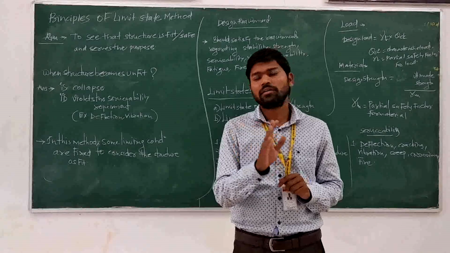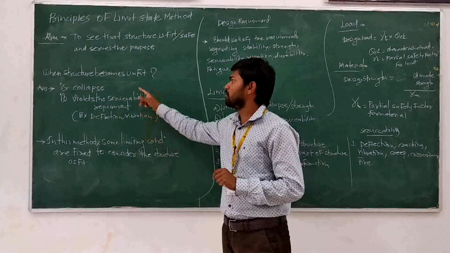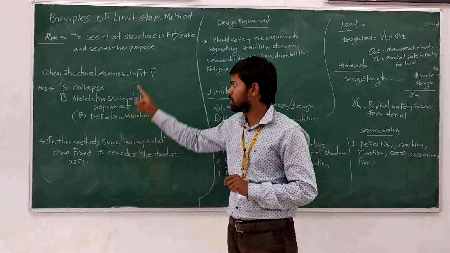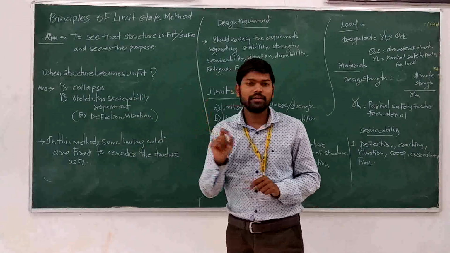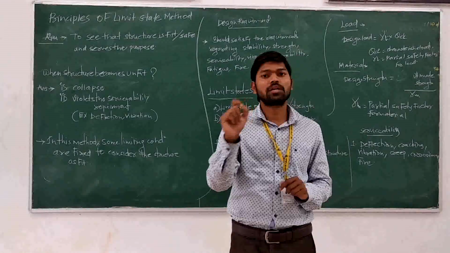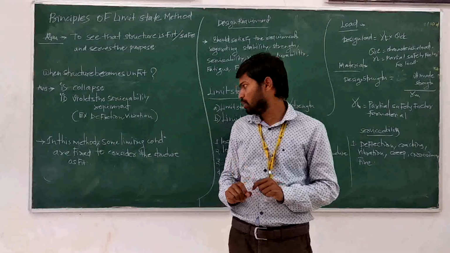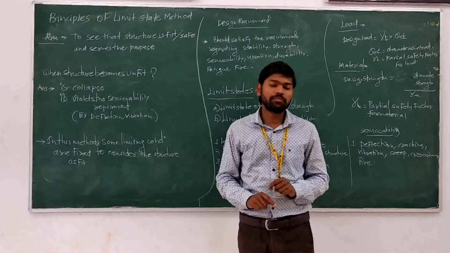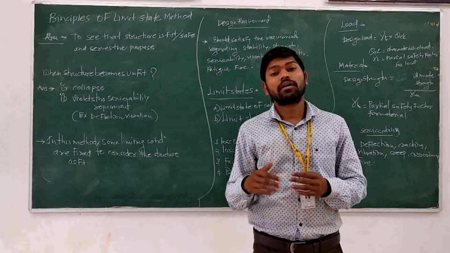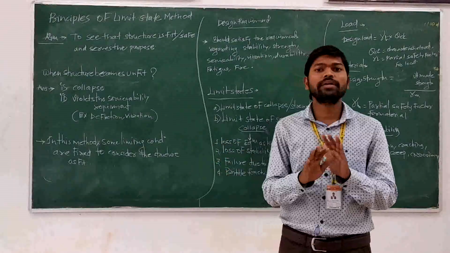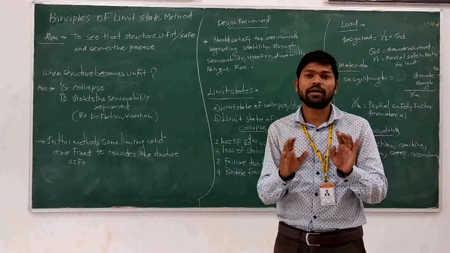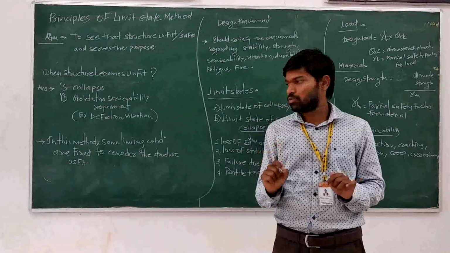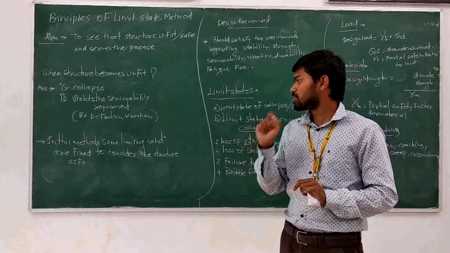This is why there are two criteria for a structure to become unfit: one is collapse and second is when the structure violates the serviceability requirement. Now, in this method, various limiting conditions or various limit states are developed to define a fit or safe structure.